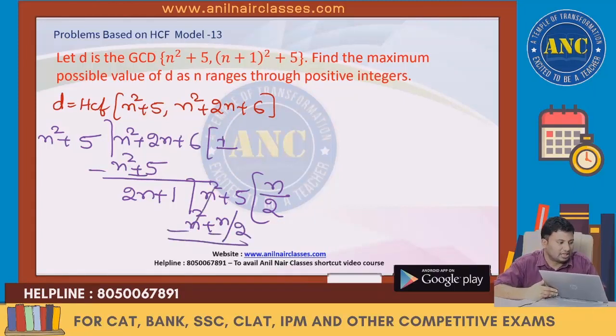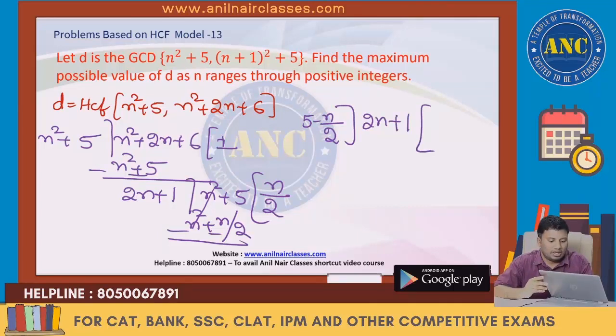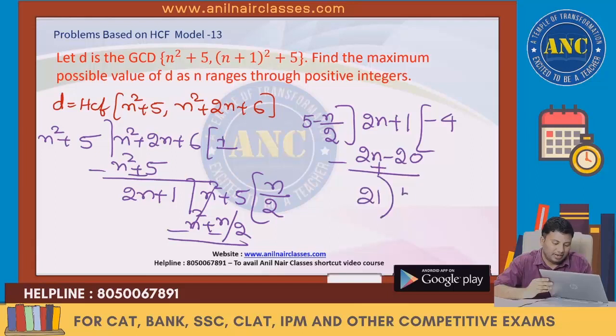So here it is nothing but 5 minus n by 2. It divides 2n plus 1. If I take minus 4 times, it is nothing but 2n minus 20. Minus and plus 21 divides 5 minus n by 2.